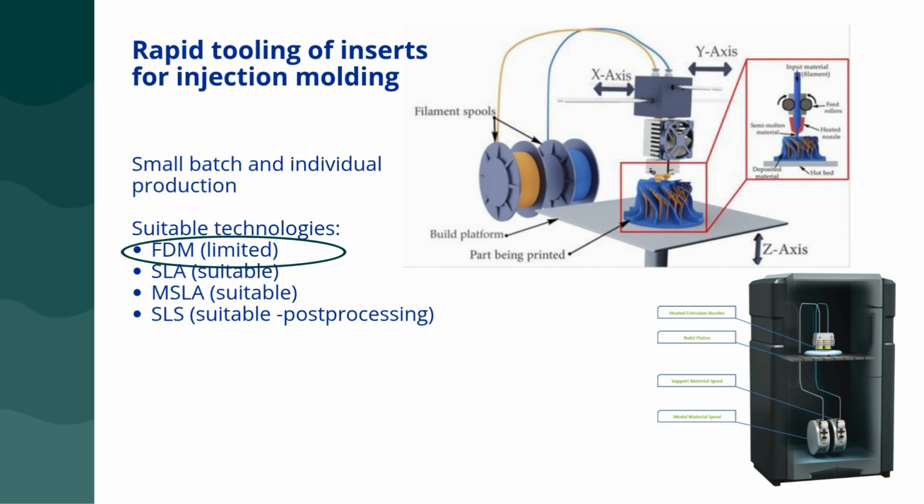The printer's head melts the plastic filament and, layer by layer, builds the final part. However, this technology has a limitation. When creating parts with overhangs, support materials are required.